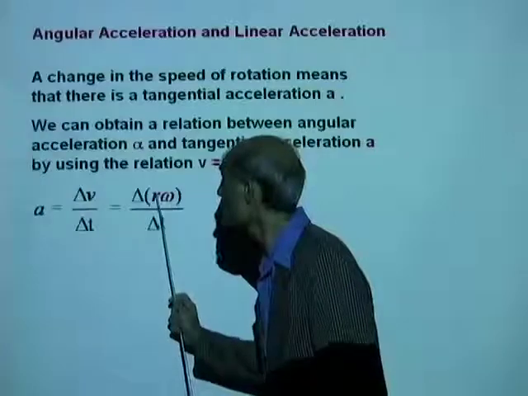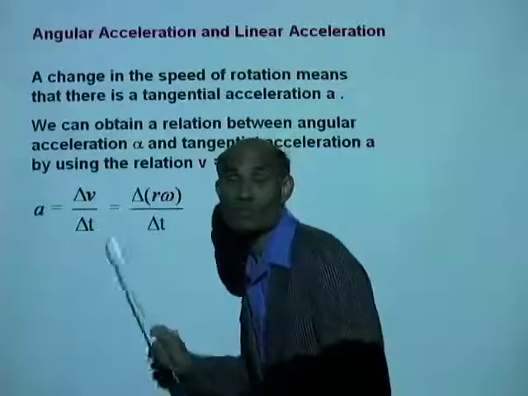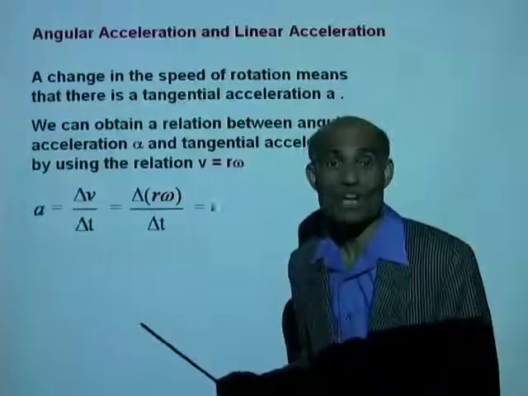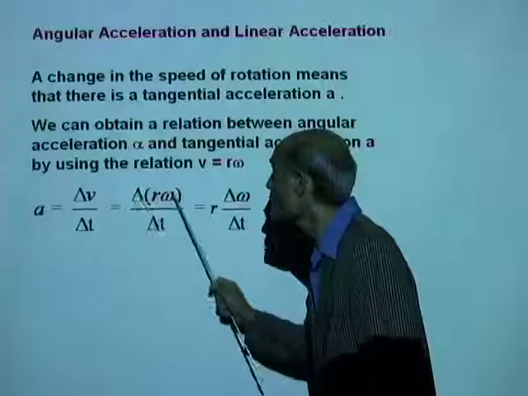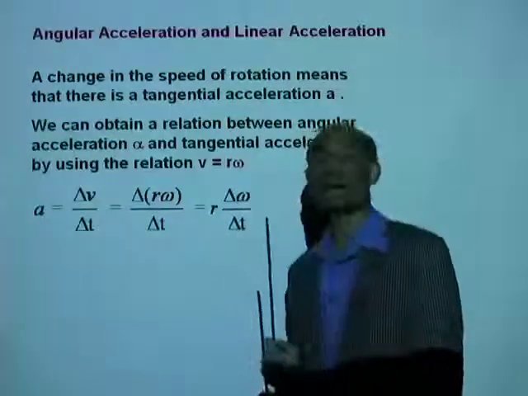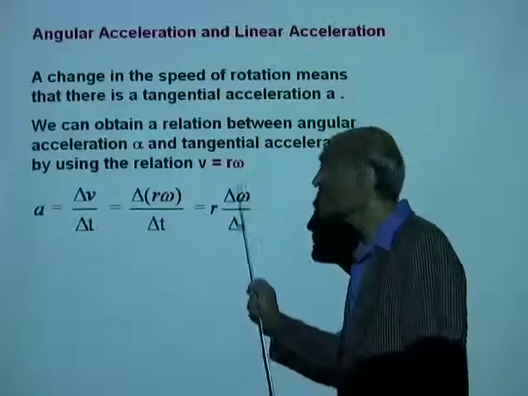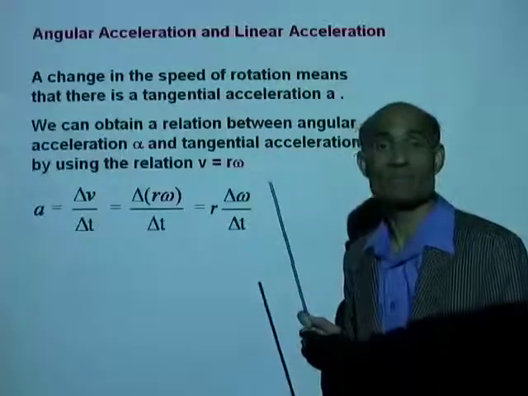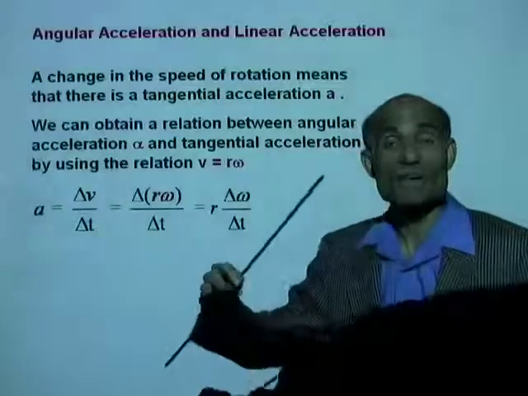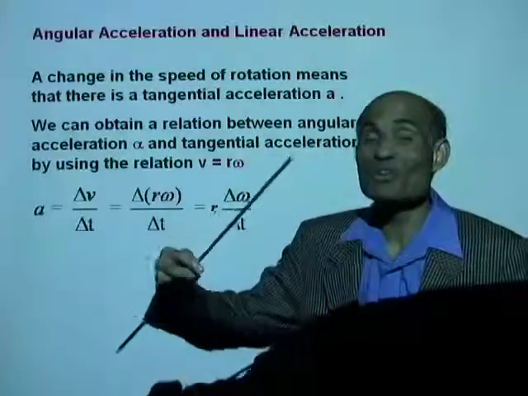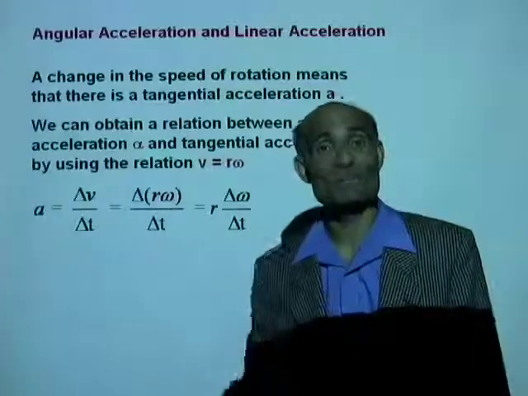And I can now take that r outside. If the radius is a constant, I can write it as r times delta omega divided by delta t. Now tell me, what is delta omega divided by delta t? Delta omega divided by delta t is the rate of change of angular velocity with time, which is angular acceleration.